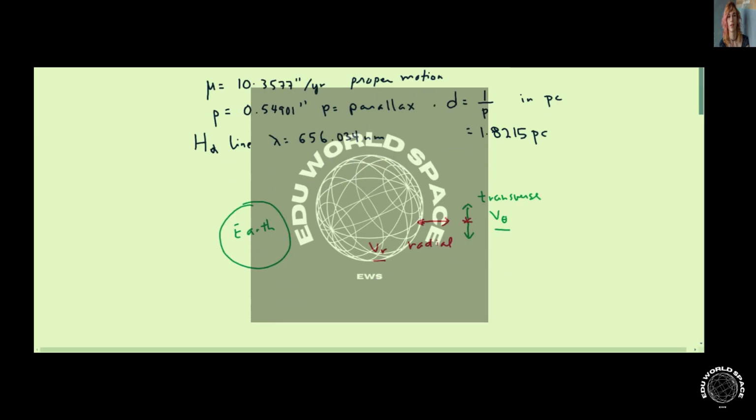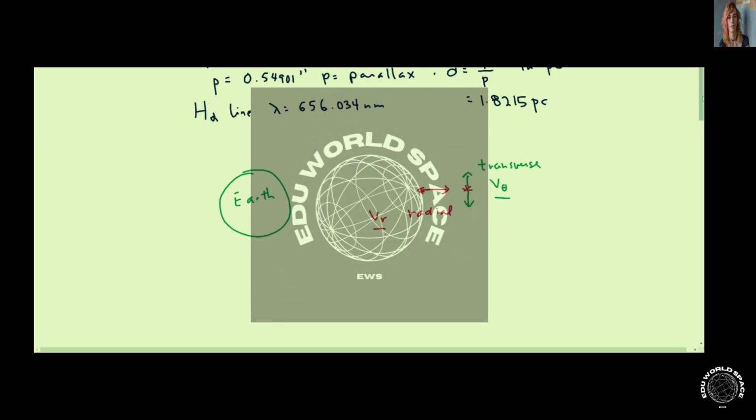As you may have realized by my writing down the hydrogen alpha line, the radial velocity is found from the Doppler effect on light, which comes about because the observed wavelength of a particular narrow line is not the same as the wavelength you would measure in a lab.